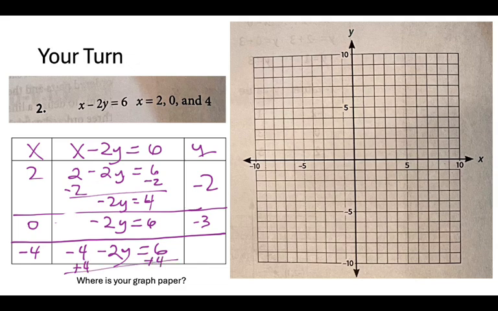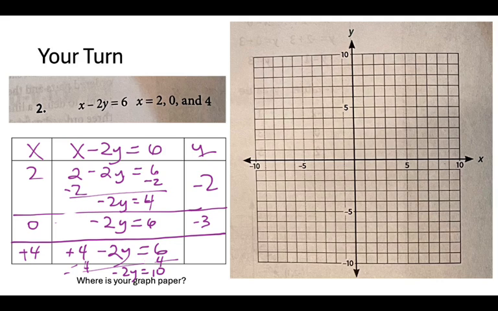And I'm going to have negative 2y equals 10. Wait, it equals 10? It's not negative 4. Oh, it's positive 4. Oh, you're right. So I'm going to subtract 4 on both sides.